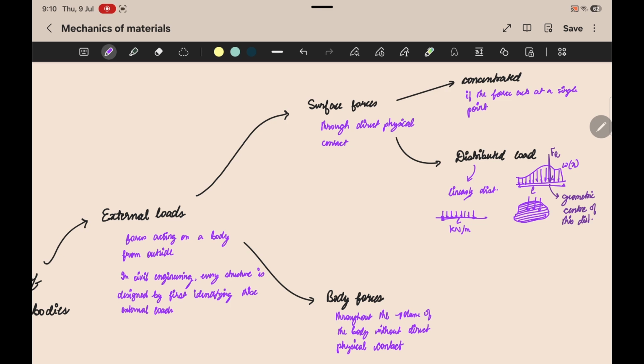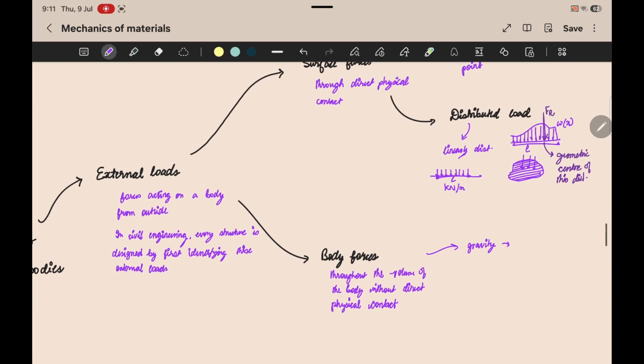So, in surface forces, there should be direct physical contact, and in body forces, it's not necessary to have direct physical contact. And a common body force would be gravity, which can be related to civil engineering.